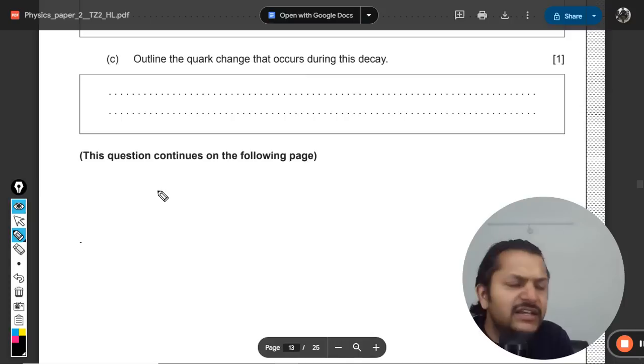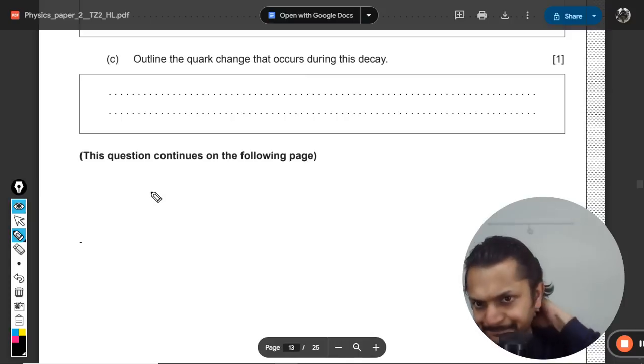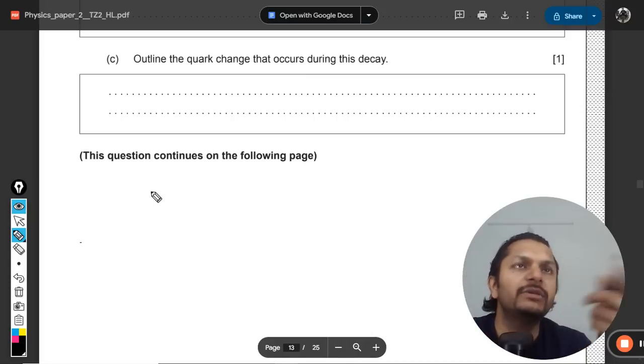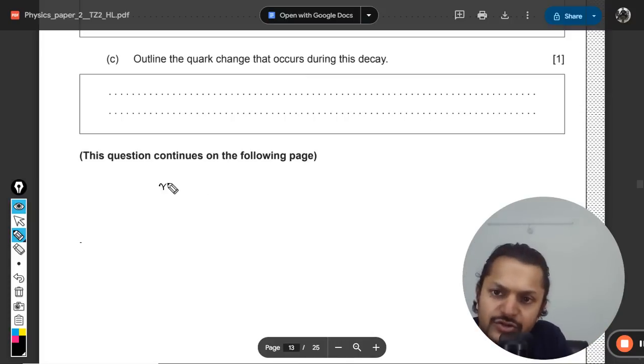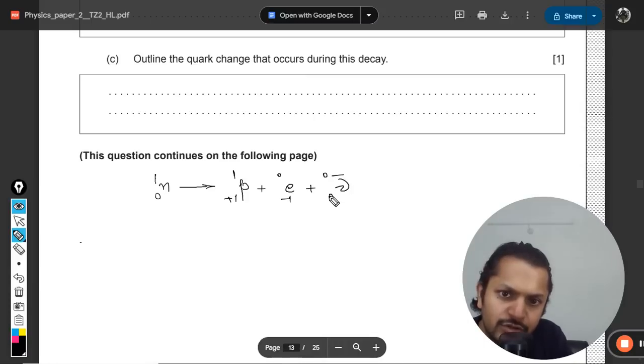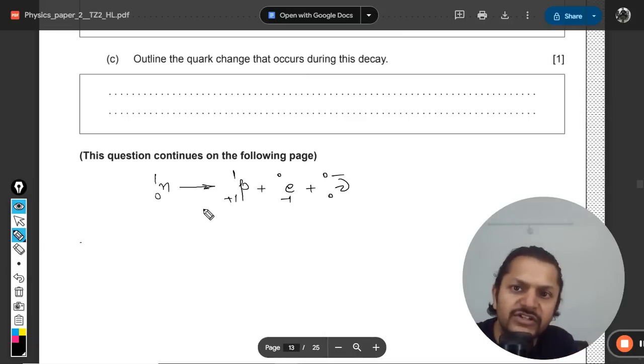So in beta minus decay the atomic number increases, so a neutron has to break down into a proton, thereby an electron is created, and whenever there is an electron, an antineutrino is created. So this is the disintegration of the neutron which is taking place.